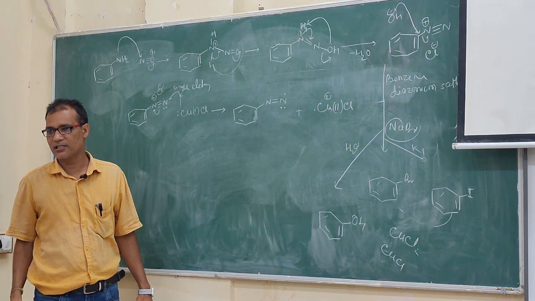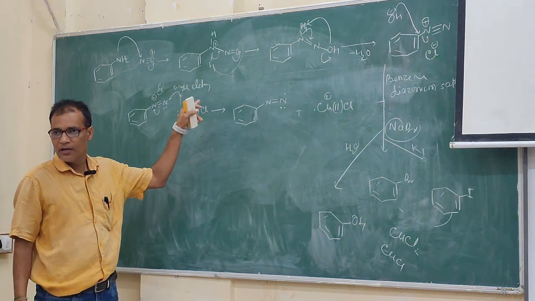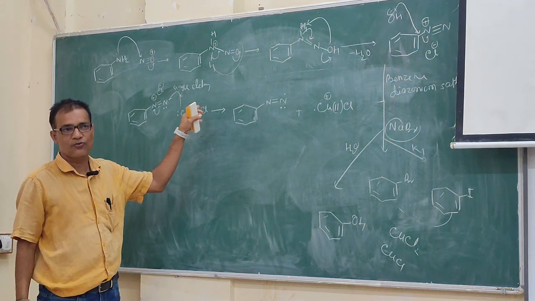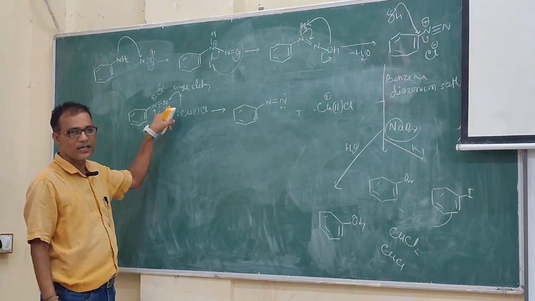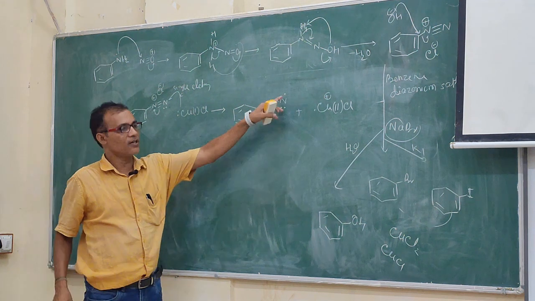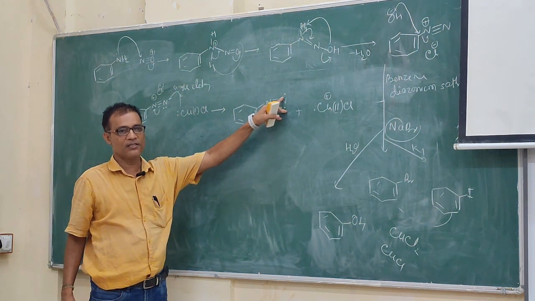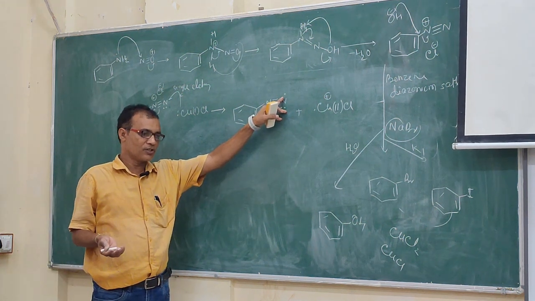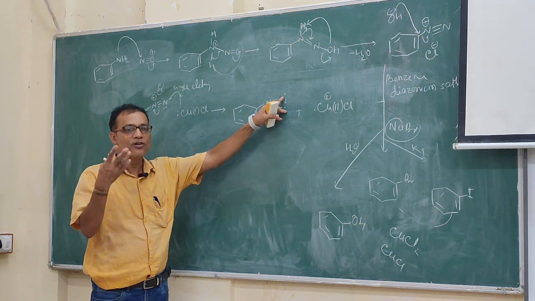Single electron, the metal transfers 1 of its electrons to this terminal nitrogen, okay, by which this molecule now becomes a radical, okay, and copper goes from oxidation number 1 to oxidation number 2. Okay, now what happens?